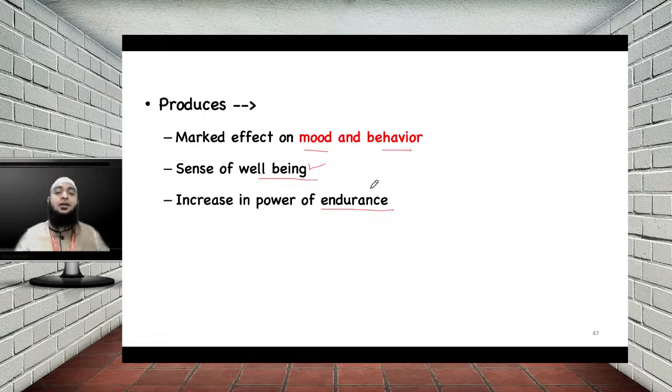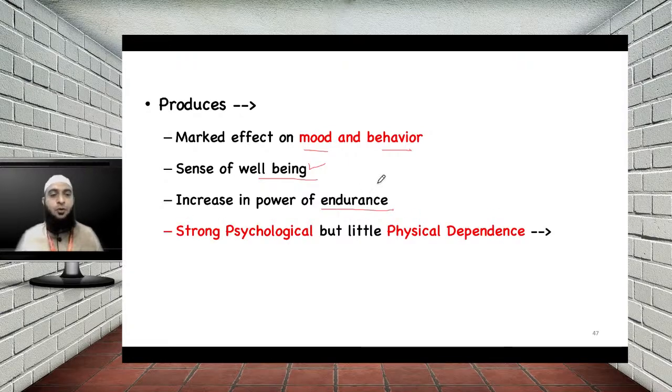So it is banned, especially in the case of athletes, and many athletes have to undergo a test before they are selected for an athletic competition, where they have to prove that they are not drug addicts and are not taking cocaine to increase their power of endurance. Okay, so these are the problems with cocaine.